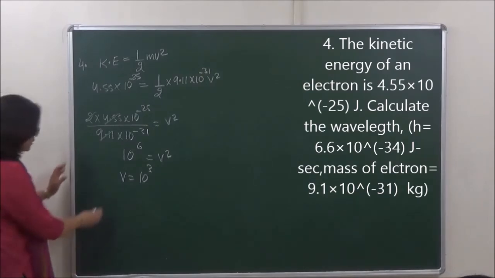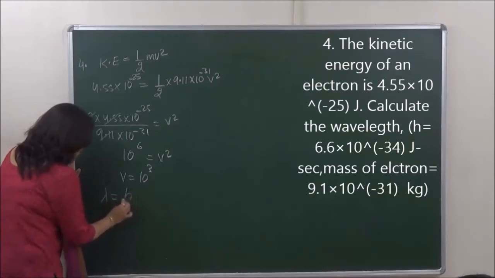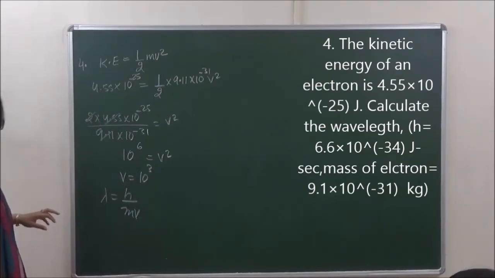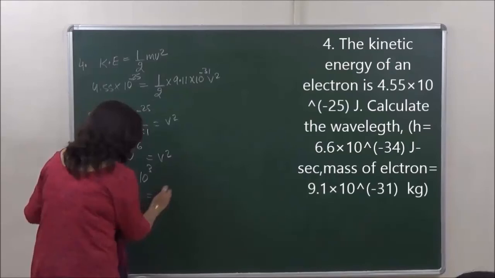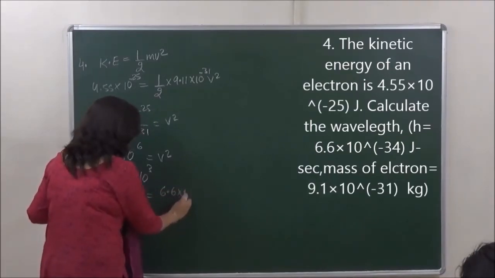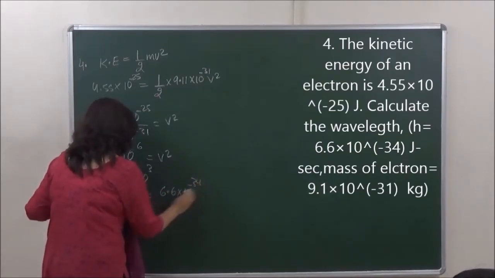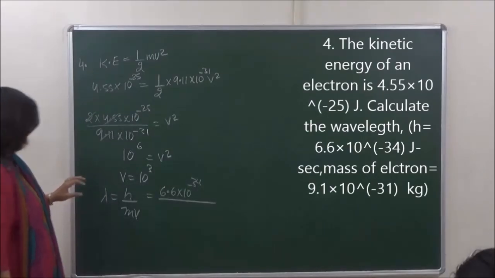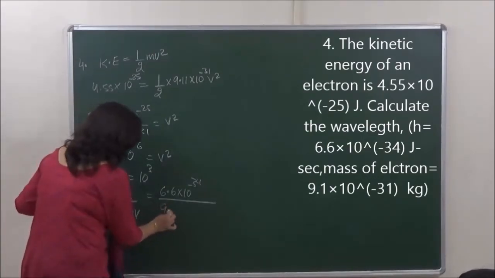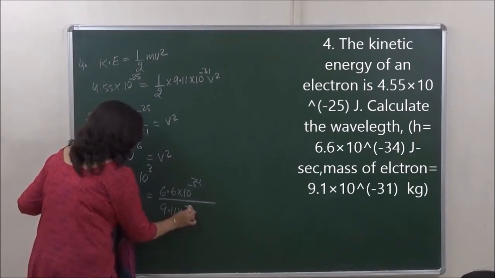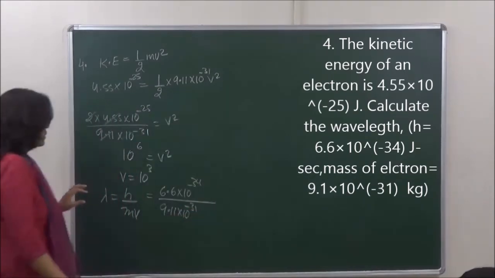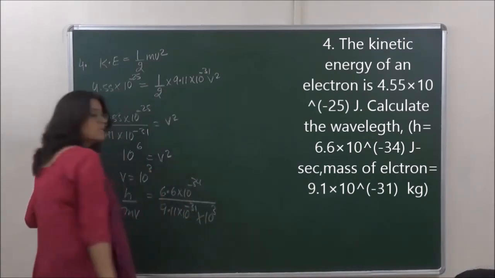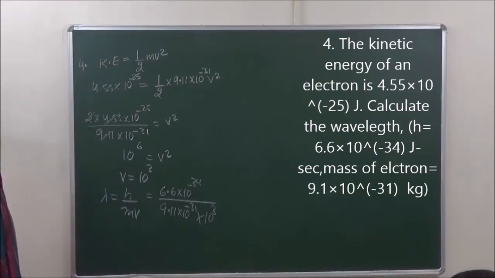Then applying the de Broglie relationship we have, lambda is equal to h upon mv. The value of h given to us is 6.6 into 10 raised to power minus 34 upon m. M given to us is 9.11 into 10 raised to power minus 31 into velocity, which is 10 raised to power 3.